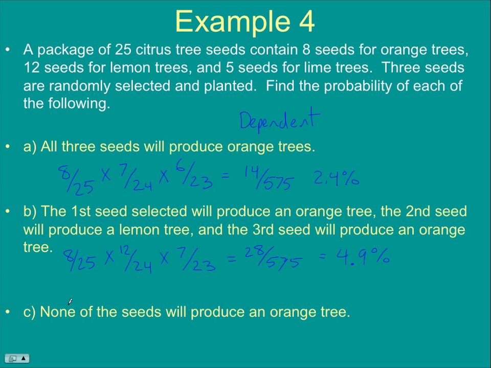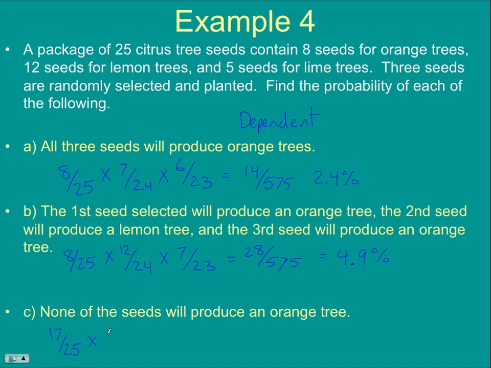And what's the probability that none of the seeds will produce an orange tree? Okay, so when we think about this one, the first chance, if it's not orange, that means it could be lemon or lime. So there's a total of 17 seeds there. So 17 out of 25.